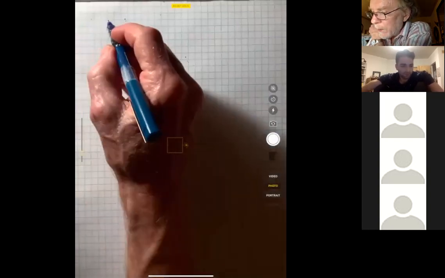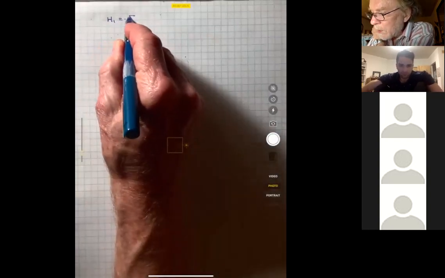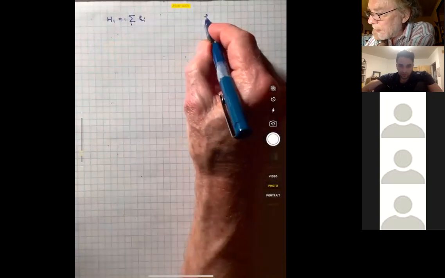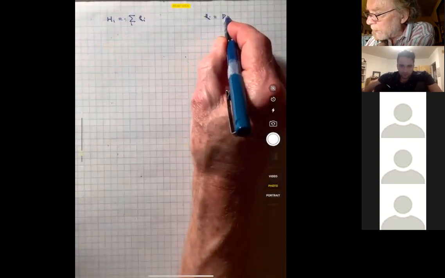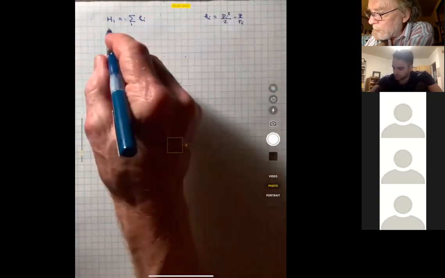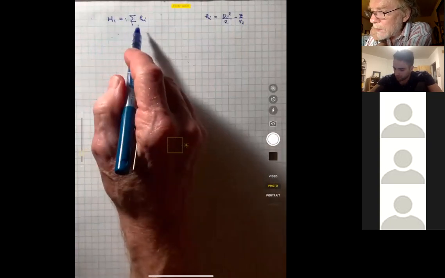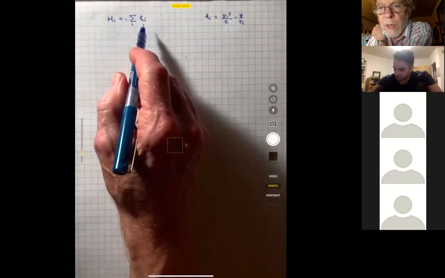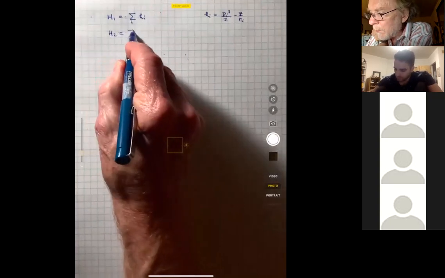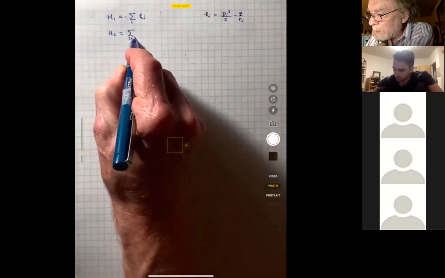You can see that quite easily because H1 is the sum on i of single particle Hamiltonians, lowercase h sub i, equal to p_i squared over 2 minus Z over r_i. That's the notation I'll use right here. But clearly, if I do a permutation, it just rearranges the terms of the sum and doesn't change the sum itself. Whereas H2 is a sum on i less than j of 1 over r_ij.